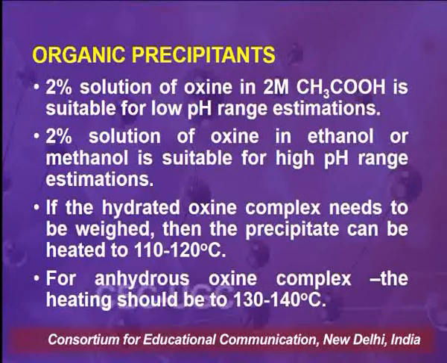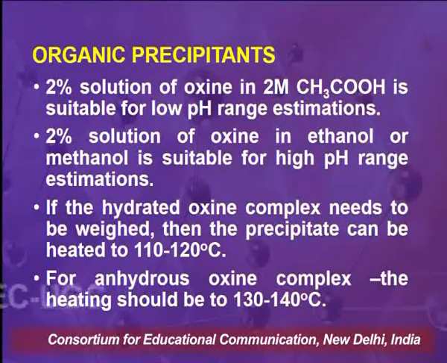If the hydrated oxine complex needs to be weighed, that means once oxine complex has been formed and now it needs to be weighed, then this oxine complex is of course containing water molecules associated with it.